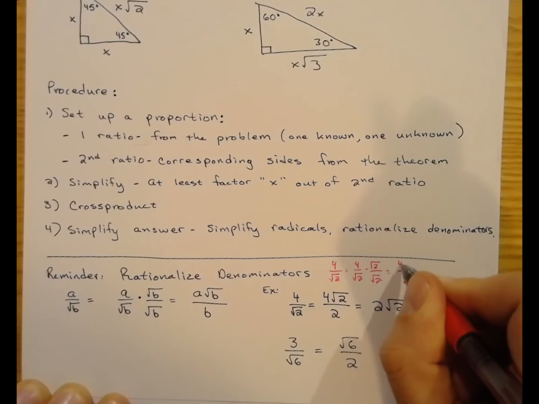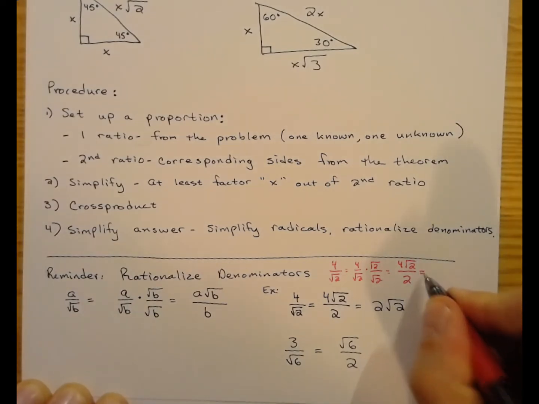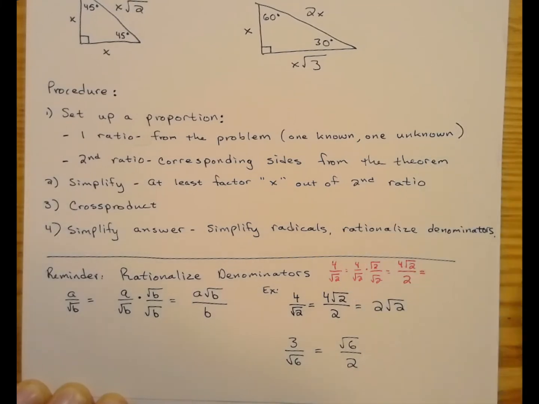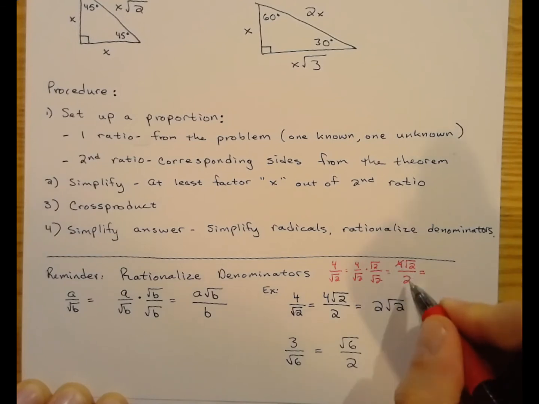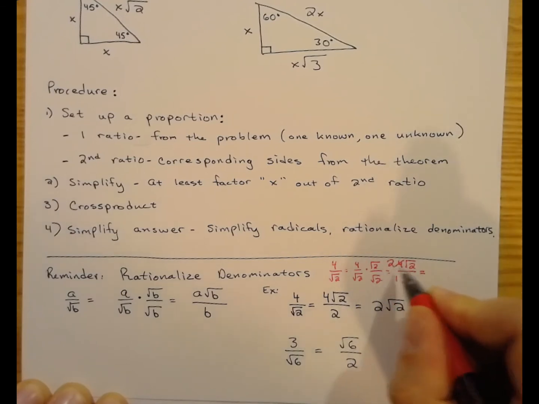In the numerator, I have 4 root 2. Now, you cannot factor a whole number out with the radical number, but you can factor a whole number with the whole number. Up top, that's 4 times root 2, and in the bottom, that's 2. So we can actually factor the whole number 2 out of the whole number 4.